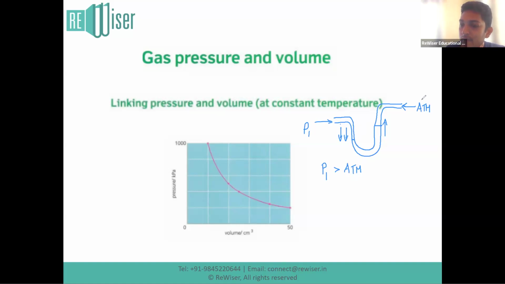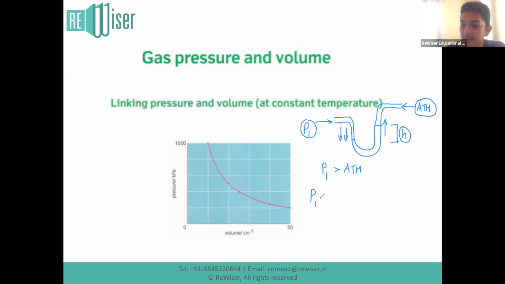Simple. One of the quantities on the right here is a known value. We know the atmospheric pressure. So all I need to do is find out the difference in the height. The difference in the height is nothing but the difference in pressure between P1 and this known value of ATM.